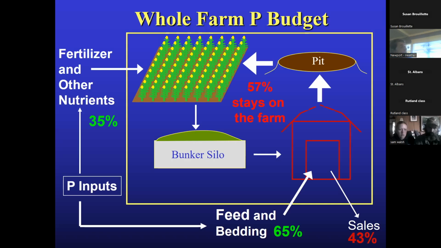And only 43% of it goes off of the farm for most people in the form of milk, sometimes in crops, sometimes in beef. And 57% of that stays on the farm. So we have to manage that and try to minimize that buildup as much as possible.